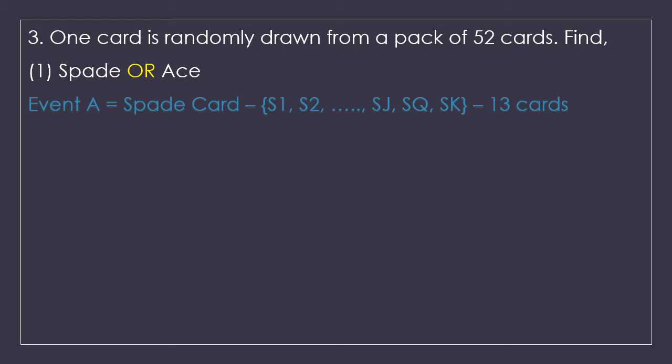We can call it like that also. Event B I am going to name as the S cards, that is heart S, diamond S, spades S and club S. So there are 4 cards. So the number of spade cards is 13 and the number of S cards is 4. The question here uses "or", and "or" is considered as union of events.